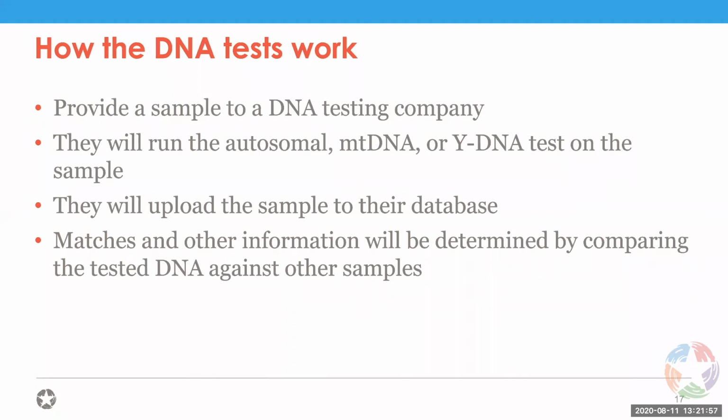Other companies offer more specific tests like Y DNA or mitochondrial DNA. They'll upload the sample to their database, and matches and other information will be determined by comparing the tested DNA against other samples. These DNA samples are measured against each other using centimorgans.